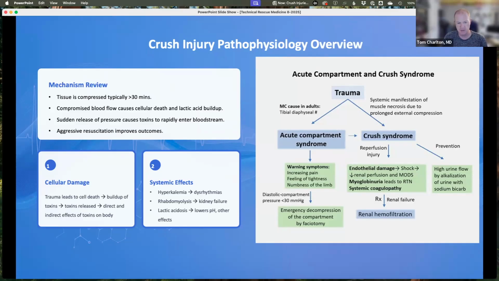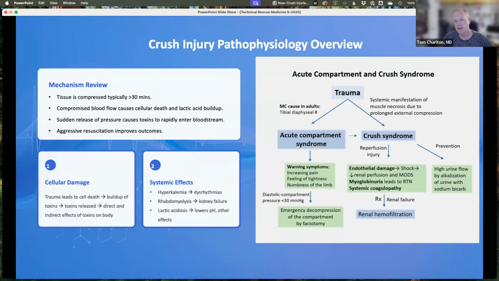Unfortunately, sometimes this blood flow is compromised enough that once we release that pressure, there's been enough damage that even though we've now restored blood flow to the area, that tissue now begins to swell, or we can begin to get leakage of the plasma out into the extracellular space.